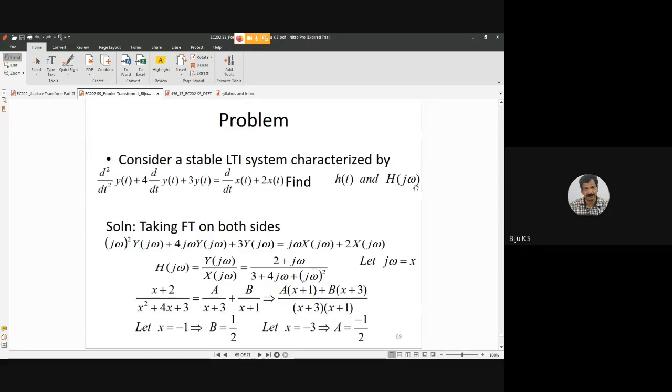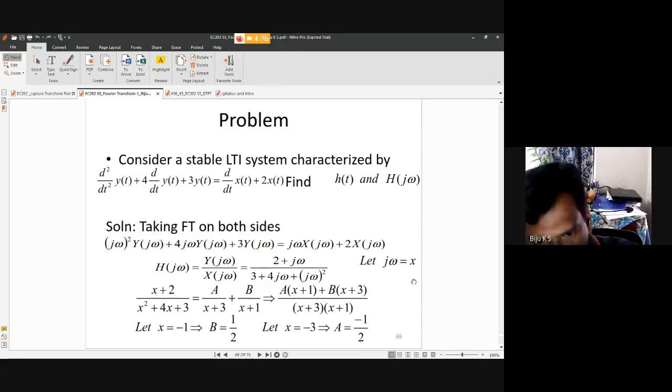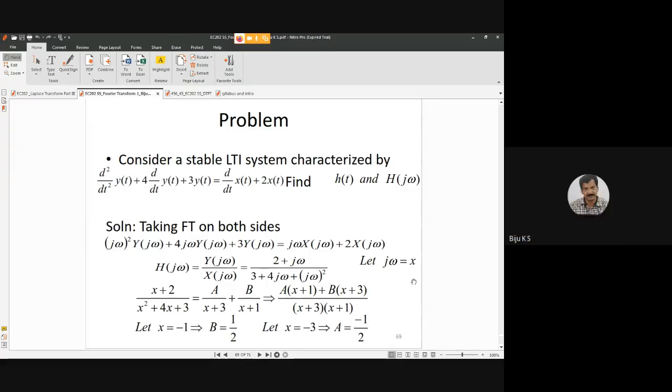And from this H(j omega)... these are the frequency responses of the discrete time system and the continuous time system. This is the continuous time system and its frequency response.